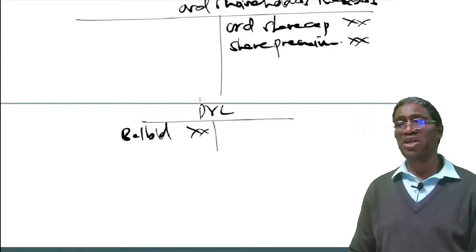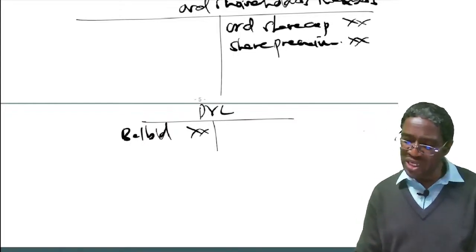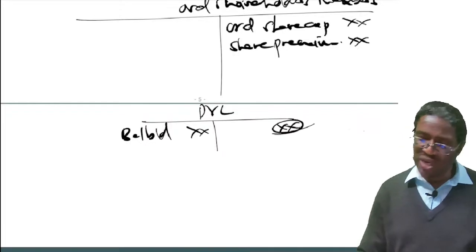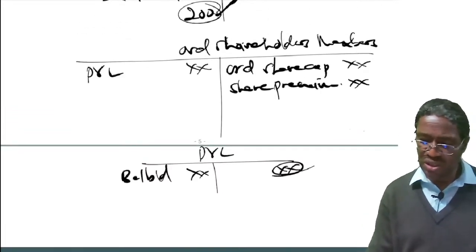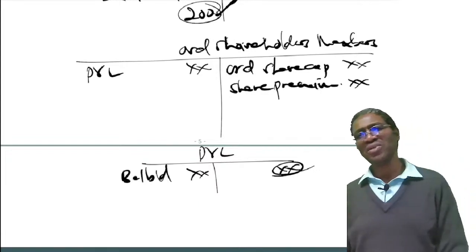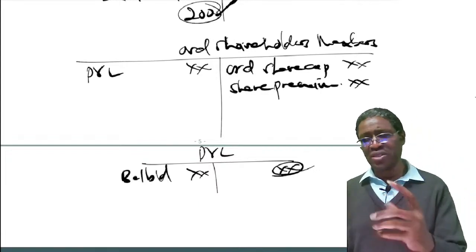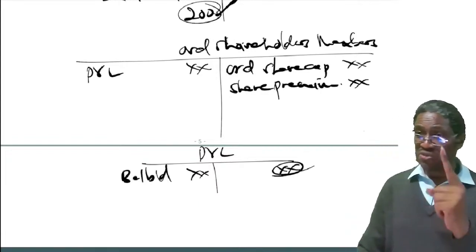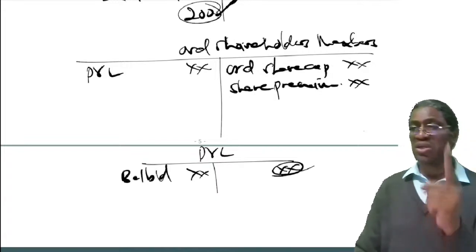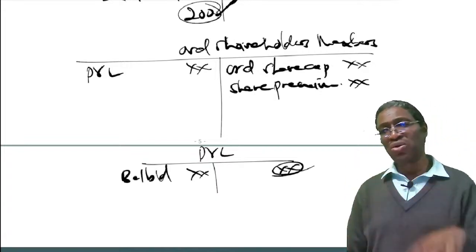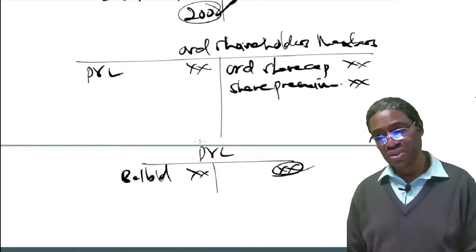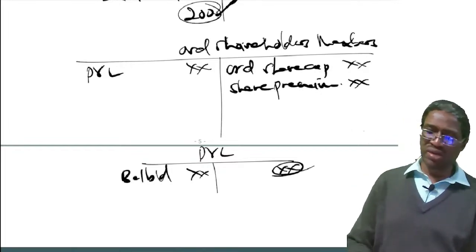Let them suffer the loss of this company. So you will credit P&L account and you will debit the ordinary shareholders members account. Good. So that's our step number 8, which says transfer reserves to the ordinary shareholders members, whether positive reserve or negative reserve. Good. Let me discuss number 9 first.